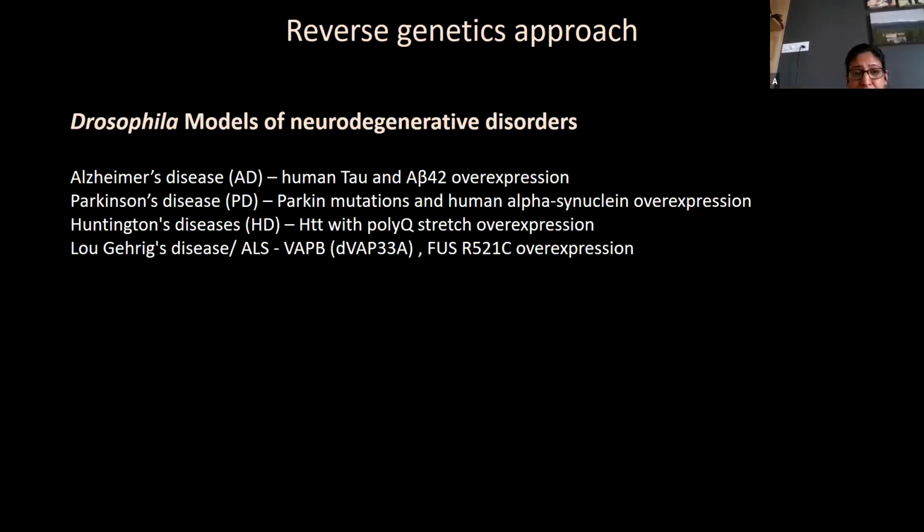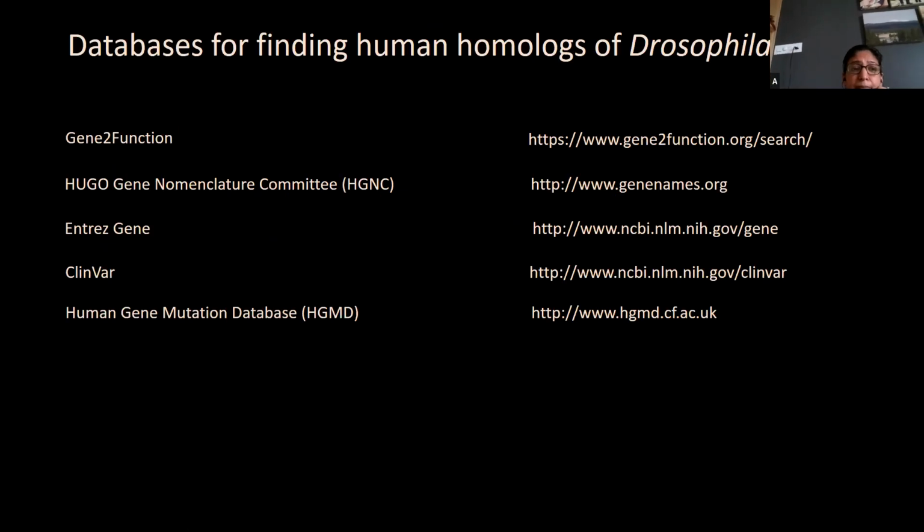As I said, we already know the genes we have, and we know whether they are conserved in Drosophila. So how do we find out what the homolog is? There are several public databases that you can use to find the human homolog of a Drosophila gene.